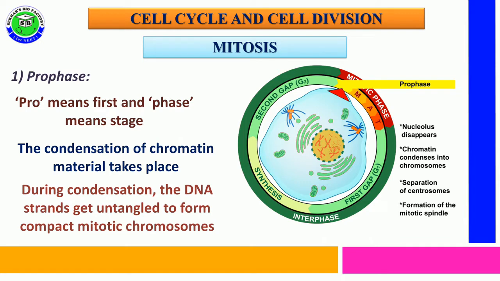During this condensation process, the DNA strand gets untangled to form compact mitotic chromosomes. Before prophase, the DNA present in the chromatin material is in the form of a network. This network is untangled and removed, and finally it becomes compact mitotic chromosomes in prophase.